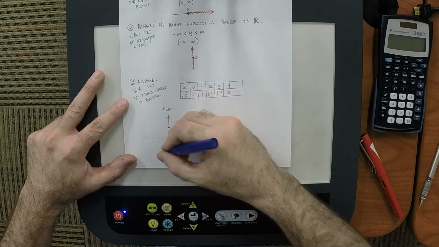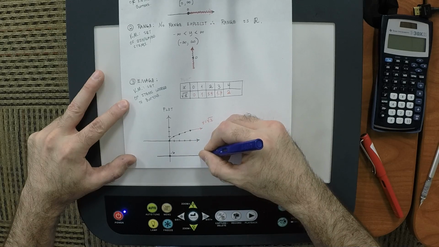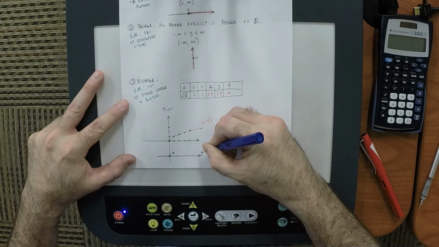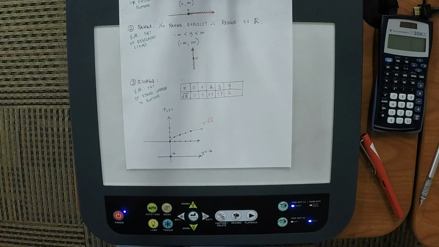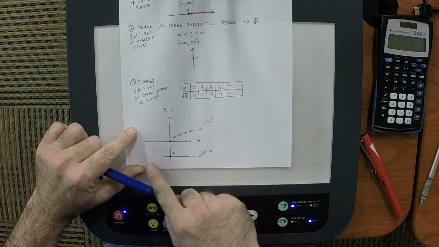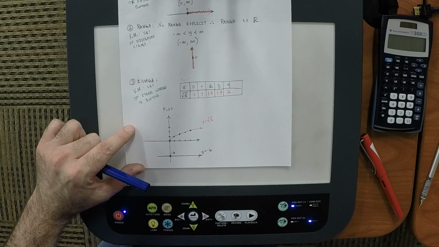And the answer is no, because if you draw this line, y equal -6, the question of is -6 in the image visually is asking, do the plots of y equal -6 and y equal square root of x intersect?